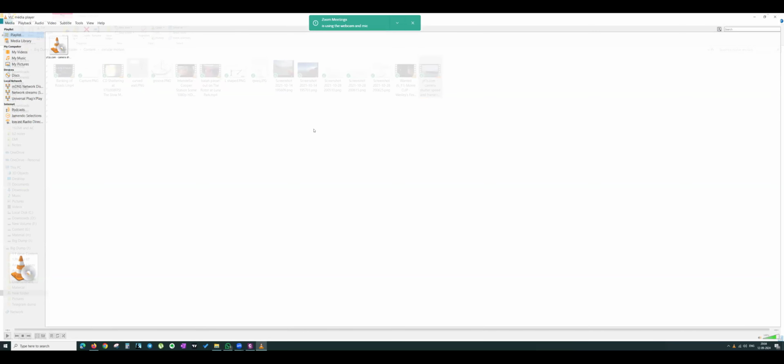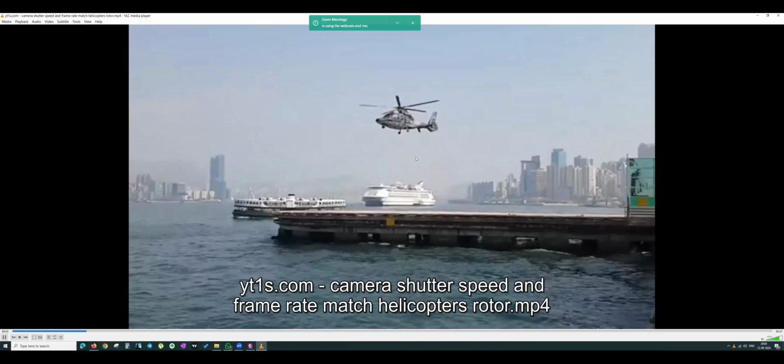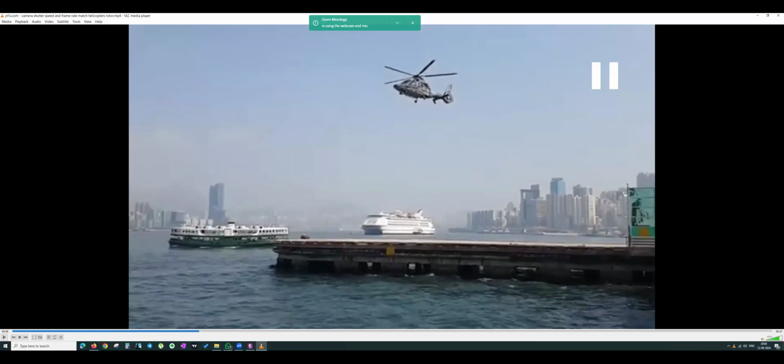It looks like this. That's a helicopter. What the camera guy did was make the frame rate of the camera equal to the rotation of the helicopter's wings. So every time it is taking a photograph, the wings are at the same place. It gives you an illusion that the wings are not rotating. But you can see below that the ships and water, everything is moving.